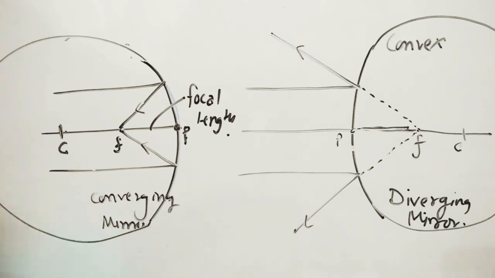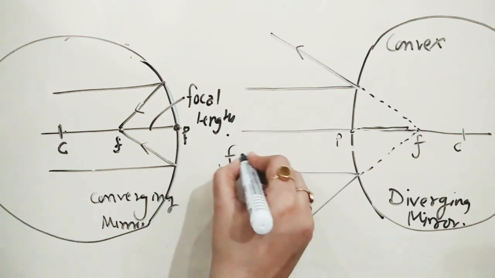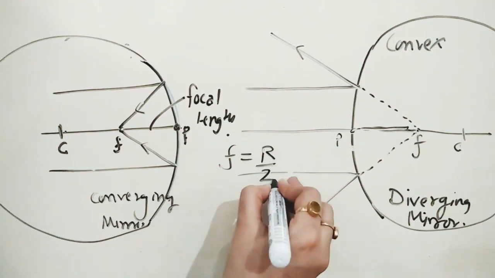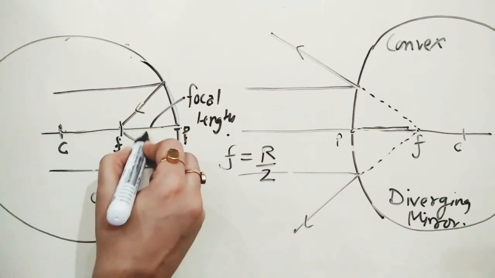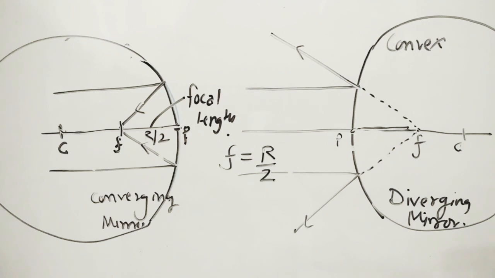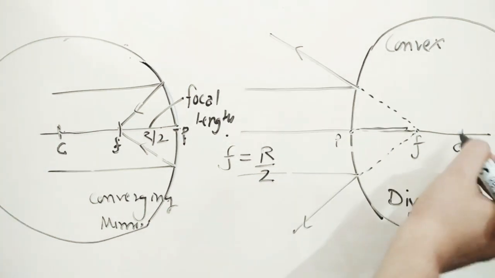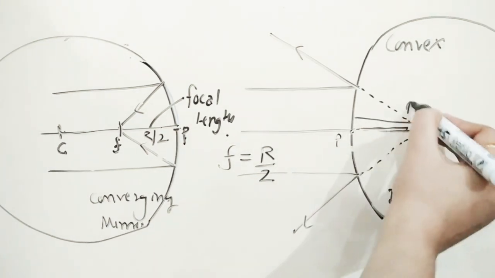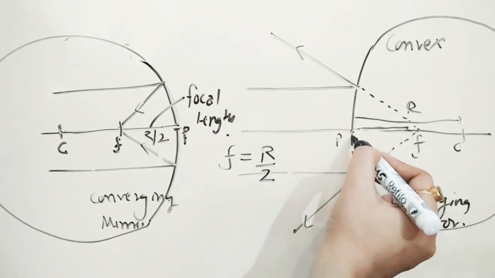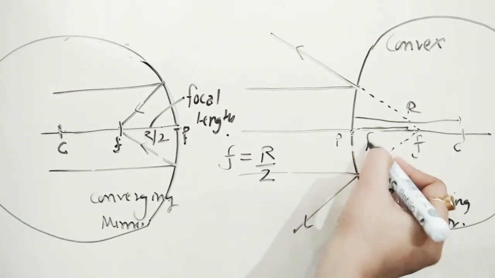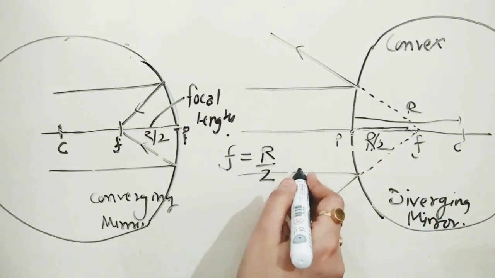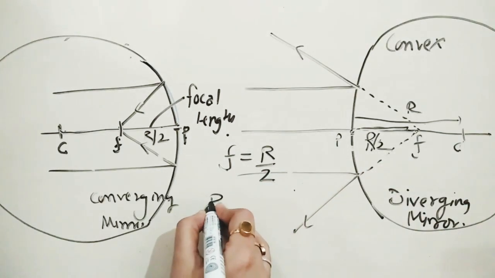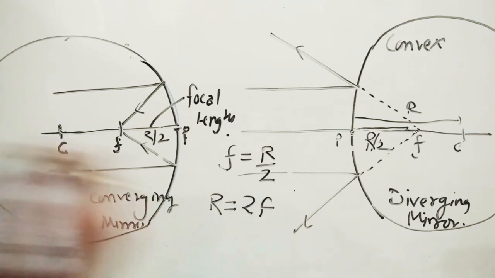By relation, the focal length is always half of the radius of curvature. If this is r, then this point is r by 2. So if the radius from pole to center of curvature is r, then the focal length, between the pole and the focus, is r by 2, or f = r/2, or we can say the radius of curvature is equal to 2f.